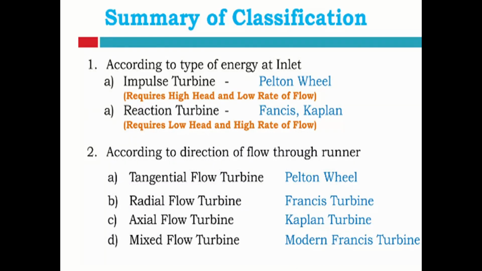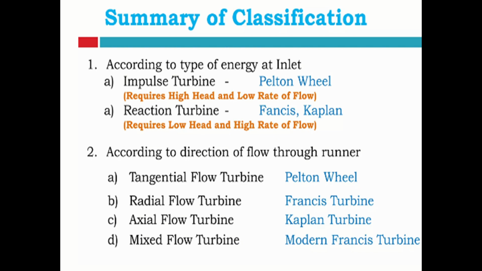Okay. Now, coming to the summary of classification. See, in this video, I am telling only about the classification, and in the next videos about each turbine, we are going into details. Especially, you have to understand very clearly the operating mechanism of each turbine.